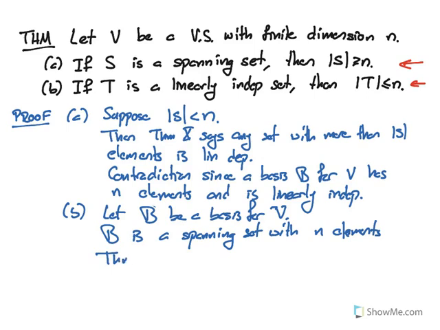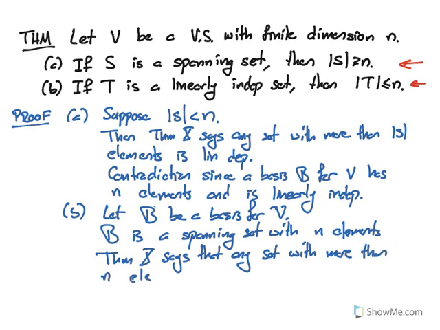So theorem X says that any set with more than n elements is linearly dependent. That does it, because T is linearly independent, so it cannot have more than n elements.